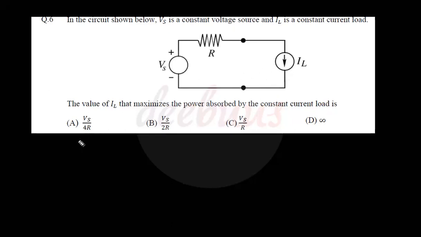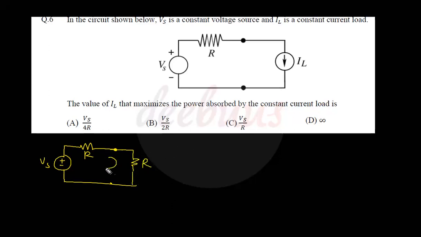From the maximum power transfer theorem, we know that for maximum power transfer, the load resistance must be the complex conjugate of the source resistance. Here the source voltage is Vs and the source resistance is R, right? Then for maximum power transfer, the load resistance must be R itself.